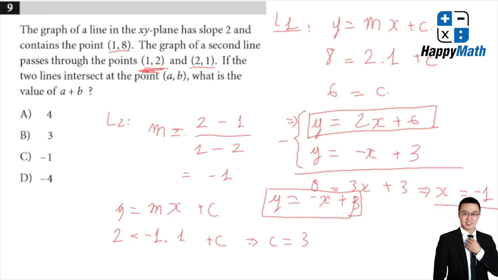When x equals -1, I will find y. Substituting -1 in here, y will be 4. So x equals -1 and y equals 4, corresponding to a and b. Add them together, and you will have -1 plus 4 equal to 3. The right answer here is B.